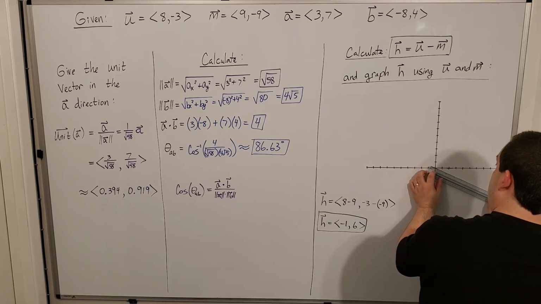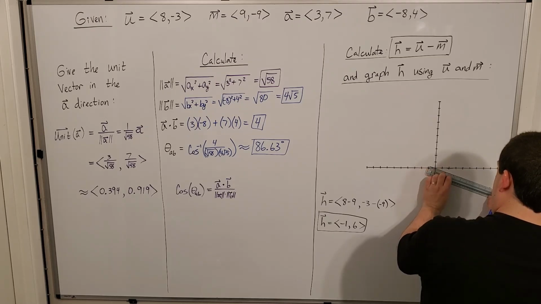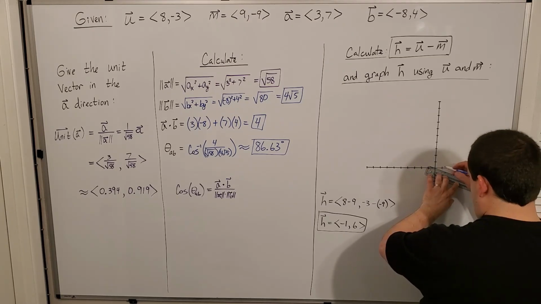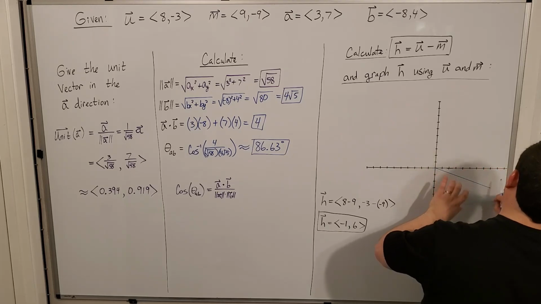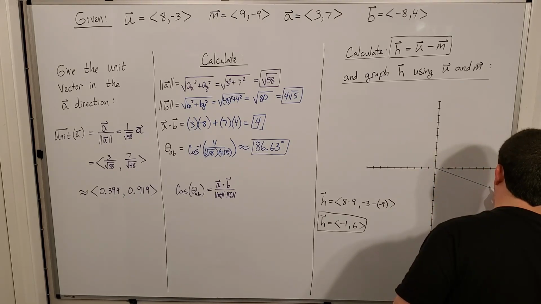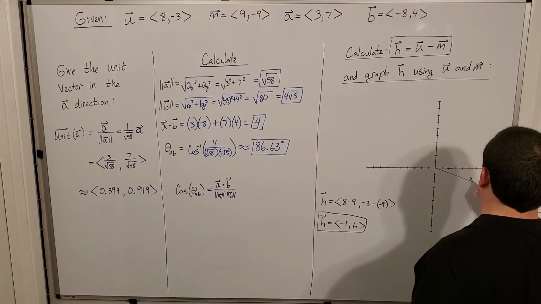Okay, so then I should have this vector here. So this is the u vector.